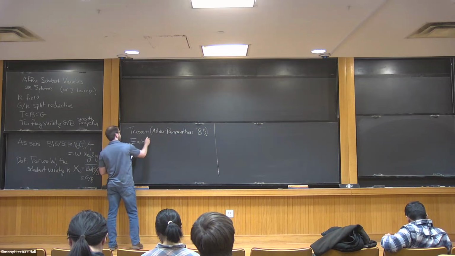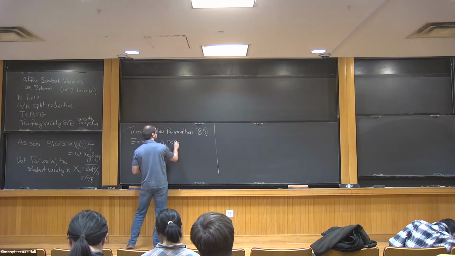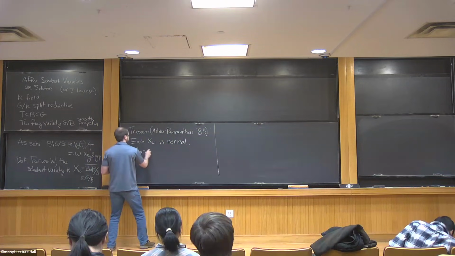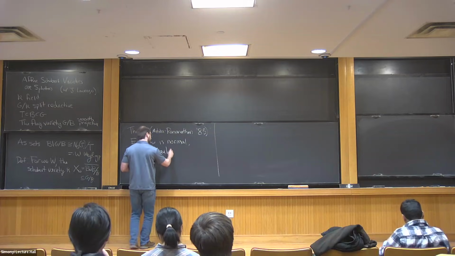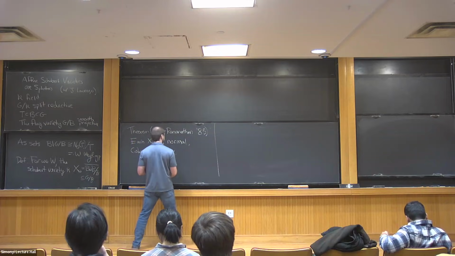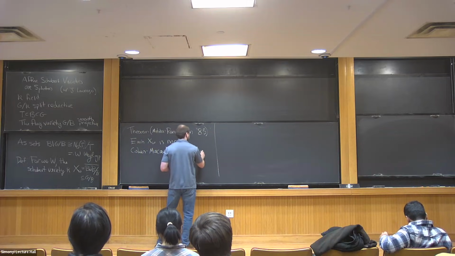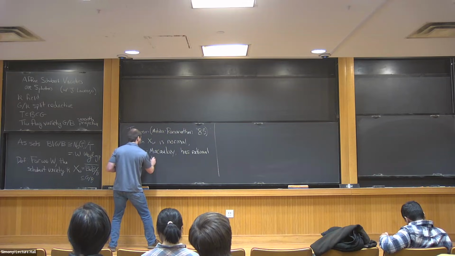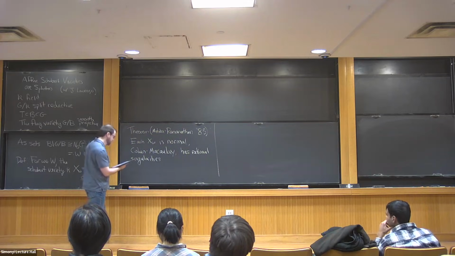They showed that each of these Schubert varieties is normal, Cohen-Macaulay, they have rational singularities, and the main property that I want to talk about today is also Frobenius split.